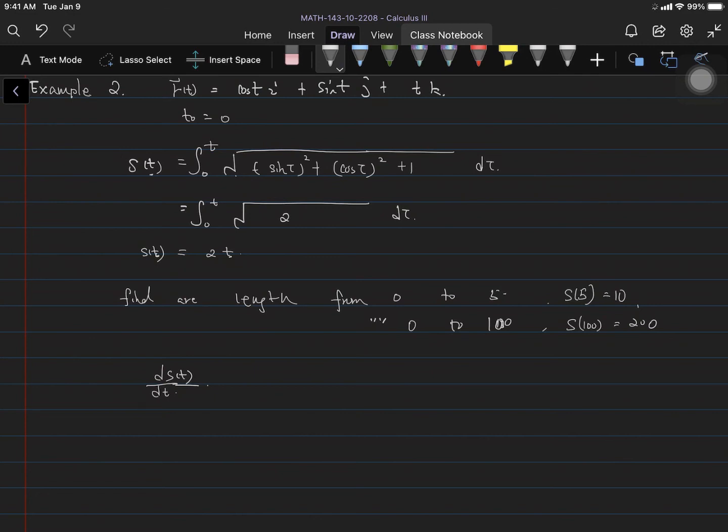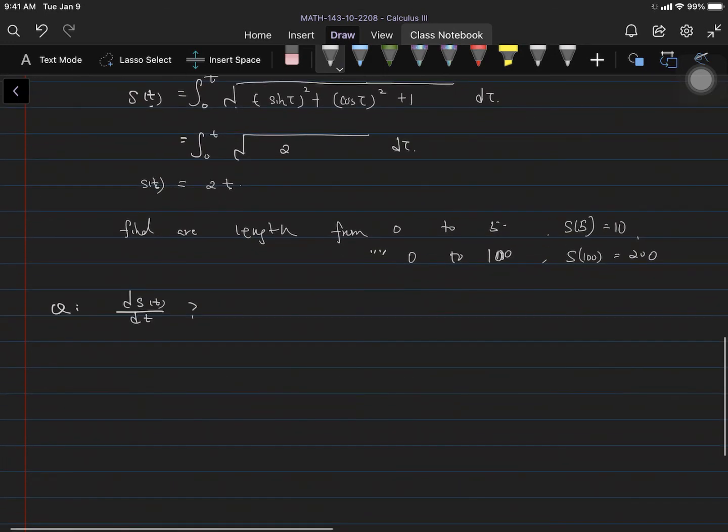ds/dt equals what? Okay, question: what is ds/dt? Think about calculus 1. Do you still remember, if we define a function F(x) equals, for example, the integral from 2 to x of sine t dt, what's the derivative of this function?